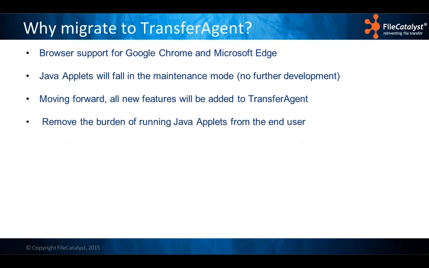We're also putting Java applets, this fall or pretty much already started, in maintenance mode. That means if there are any problems running applets in some browsers or there are security concerns, we will address them to make sure applets continue working. But we will not develop any new features on the applets moving forward.